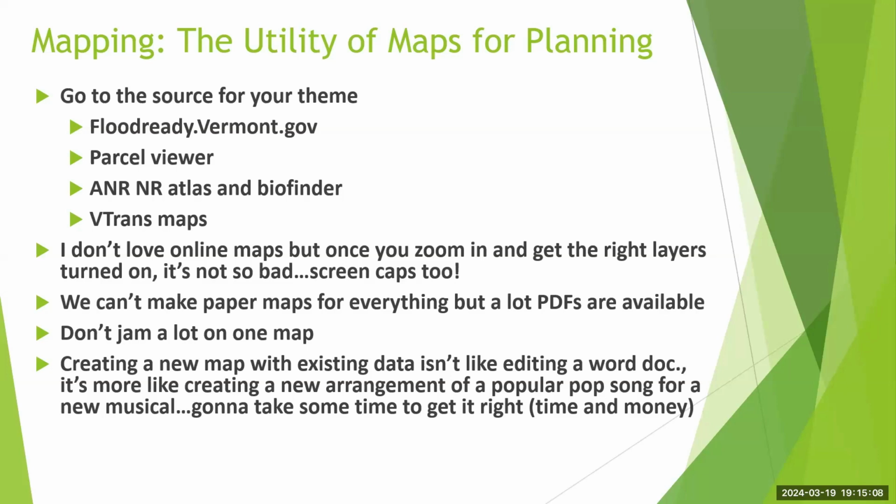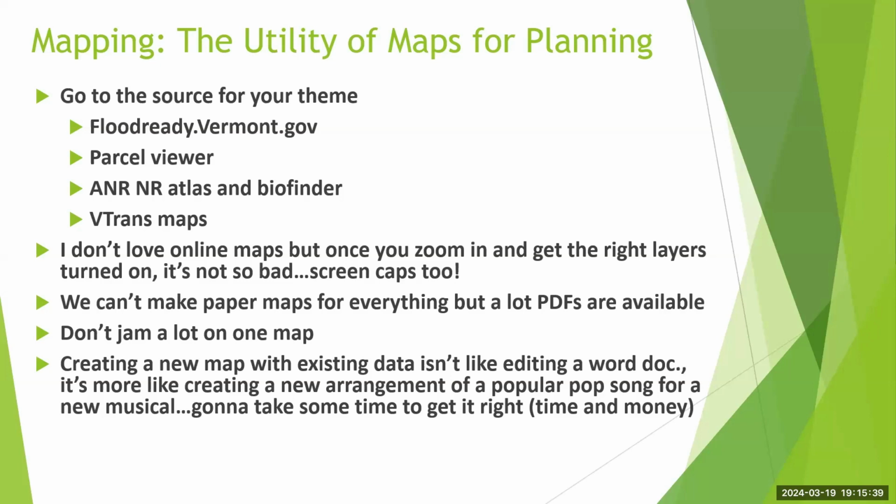BioFinder is another version of that that talks about forest blocks and stuff. And then VTrans has many online maps, as well as a lot of PDF maps of their highway system. And most good state agencies will have PDF maps of their village centers, or like I said about VTrans, of the general highway map. That's all available.